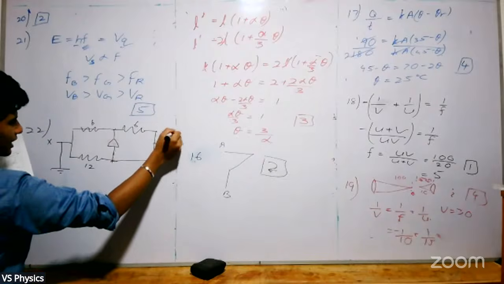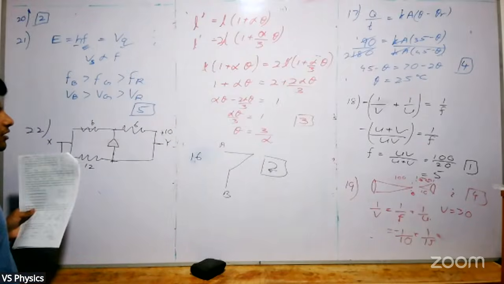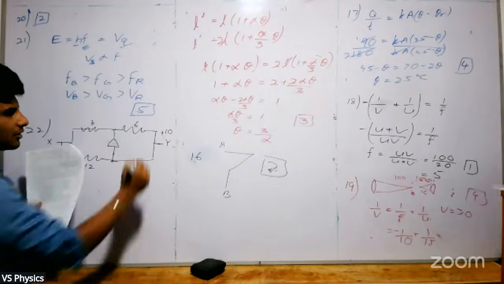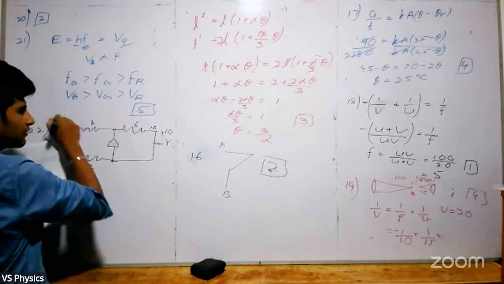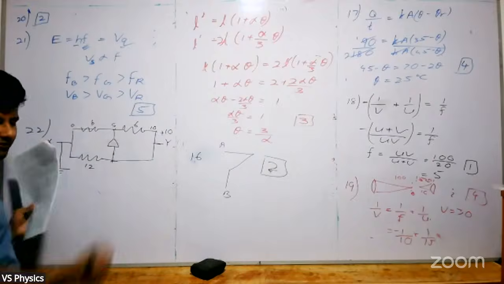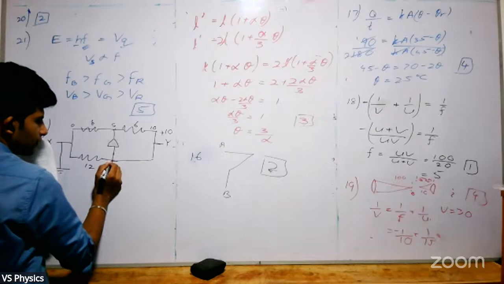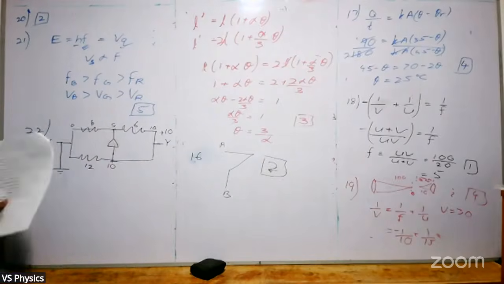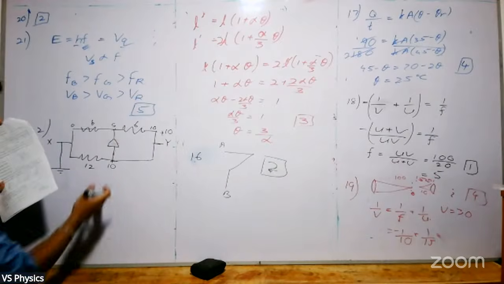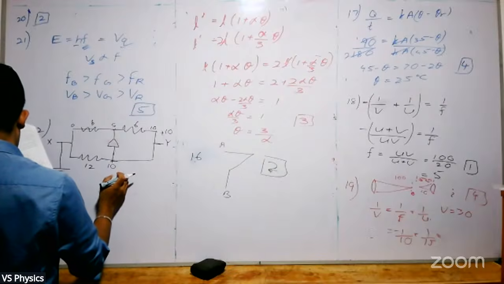First occasion is the positive terminal. Let's say we are giving plus 10 volts to y. What will happen? Here it is 10 volts. By the potential divider concept, this gets 5 and this gets 0. This will also get 10 volts. The diode is forward biased, and we are using an ideal diode.